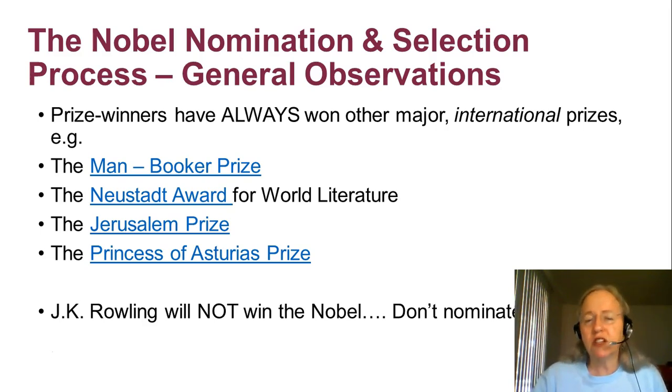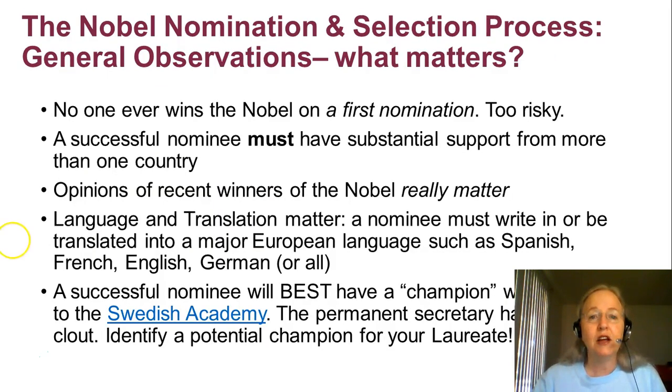Another thing that makes her somewhat less likely to win the Nobel is that in order to win, you really need to have support from more than one country, and there needs to be support from Sweden. There needs to be support from some member of the Swedish Academy. We'll talk about that next. So, to summarize so far, no one ever wins the Nobel on a first nomination. That's pretty important.